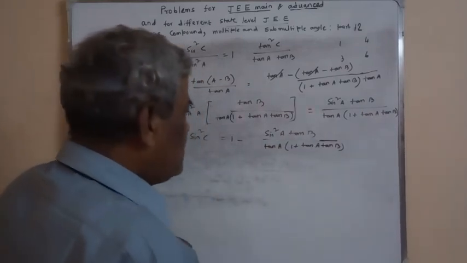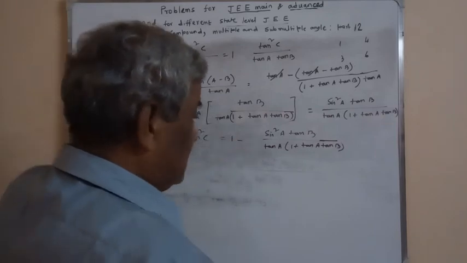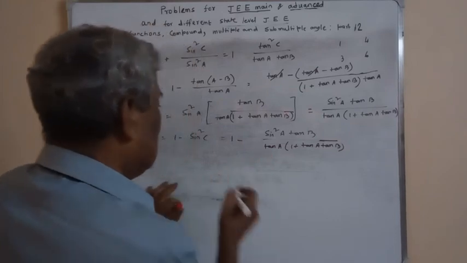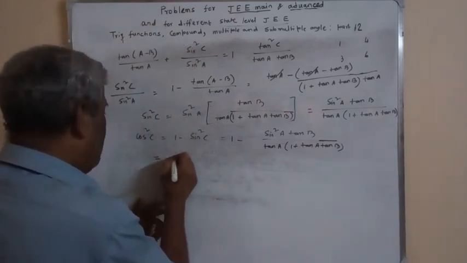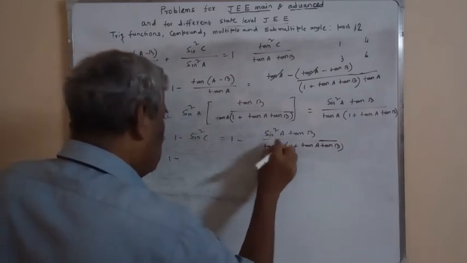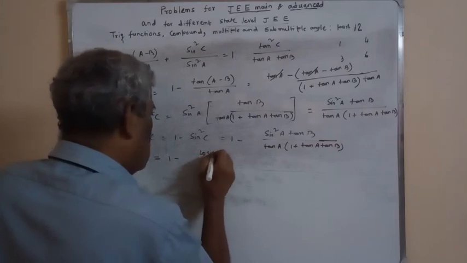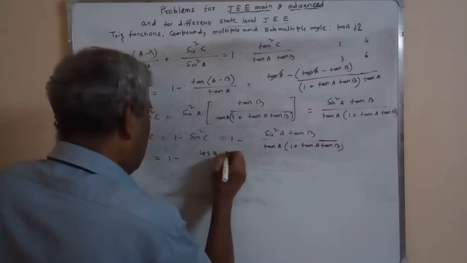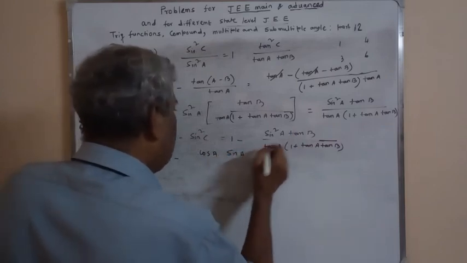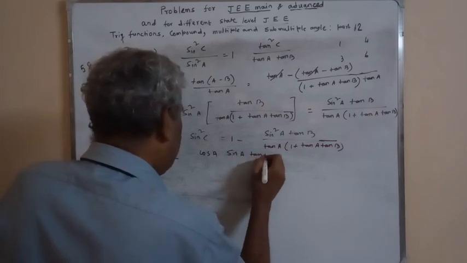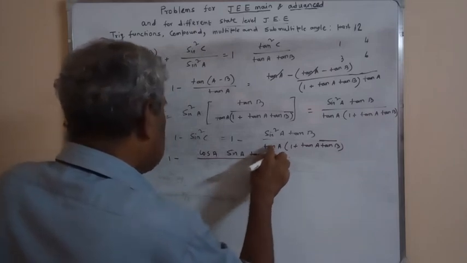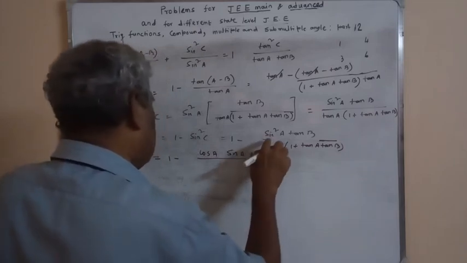I think I have mistaken somewhere. Is equal to, let us try again. 1 minus 1 sine cancel with that. That cos will be there. So cos A into 1 sine A into tan B by tan A, actually sine A by cos A, sine cancel cos.